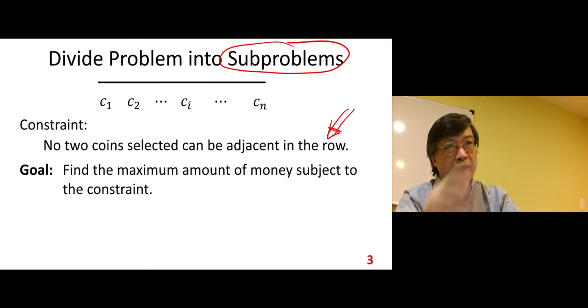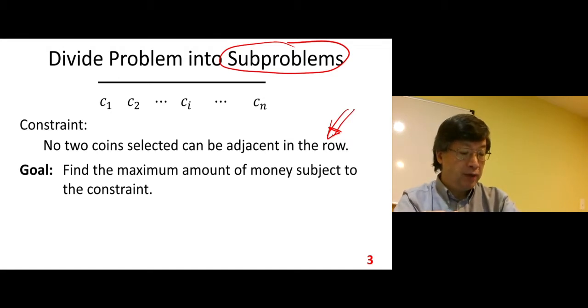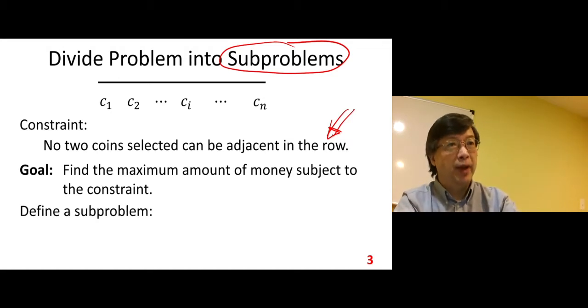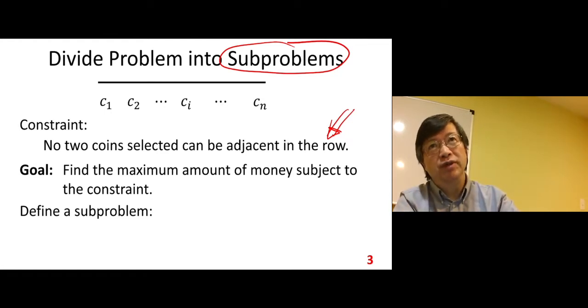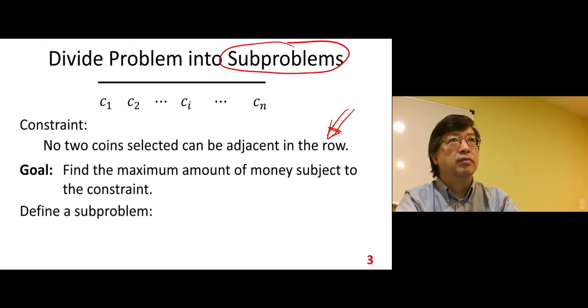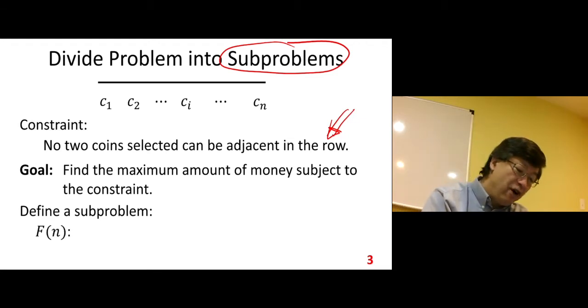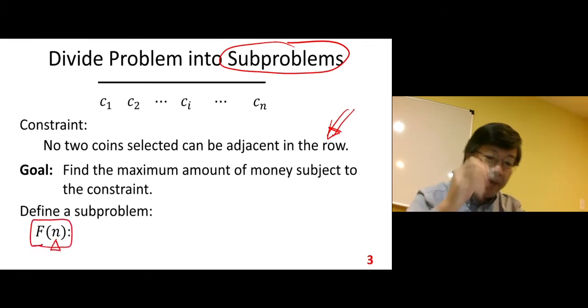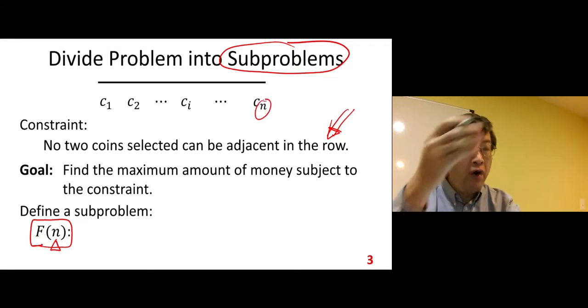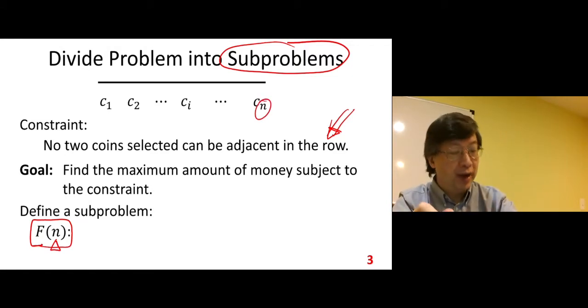First, we need to define a subproblem. What is a subproblem? You need to define a function to describe a subproblem. Here, the function we call f of n, with variable n, the number of coins in the row.